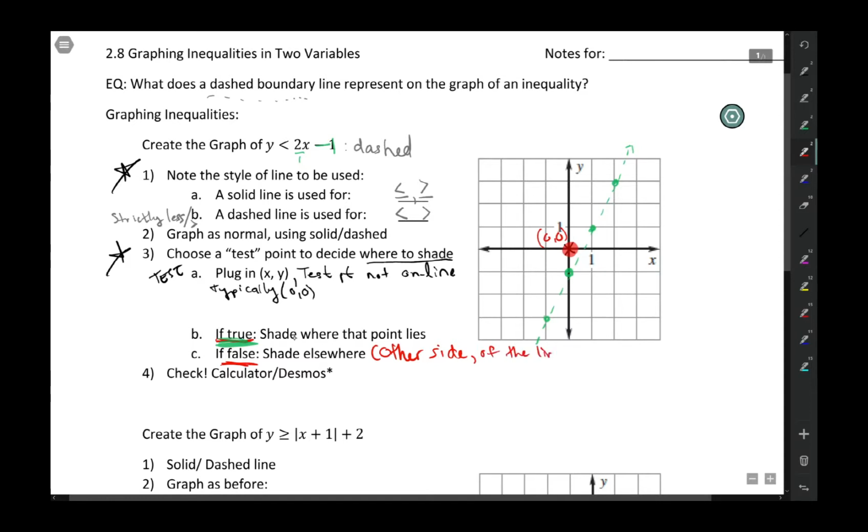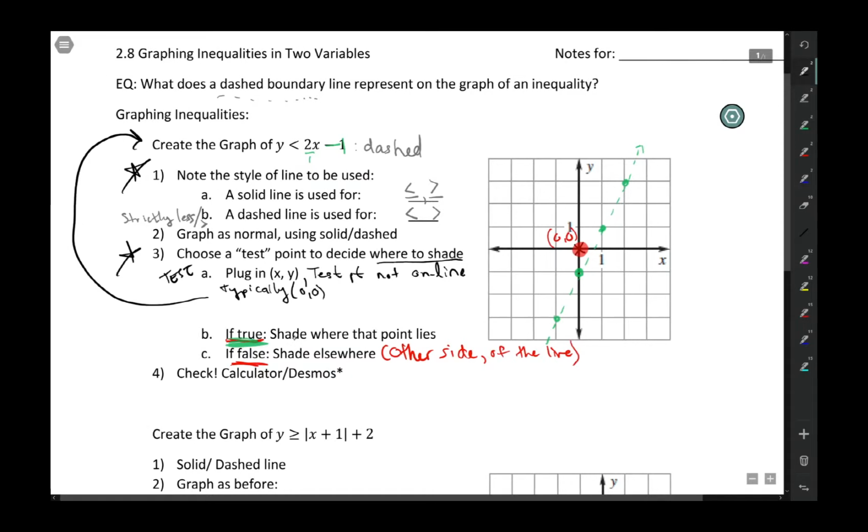What do I mean by true and false? Well, if we substitute 0, 0 into y is less than 2x minus 1, so we have 0 is less than 2 times 0 minus 1. That's just going to be 0 less than -1. Is that true?